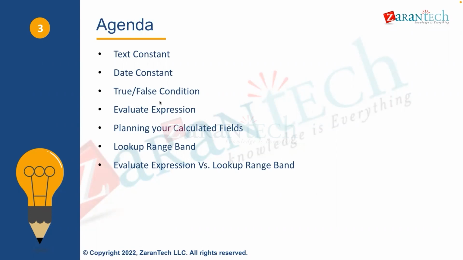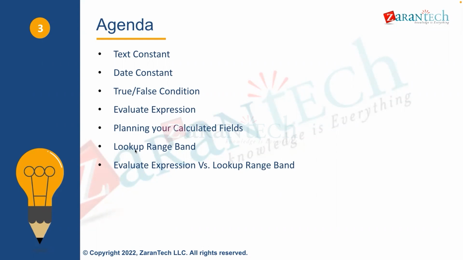So if you want to really create logical conditions and evaluate based on them, that's where we use evaluated expressions. You can plan how your calculated fields and evaluated expressions run in a systematic manner. So how do you plan to create your calculated fields? Another topic that we'll discuss.